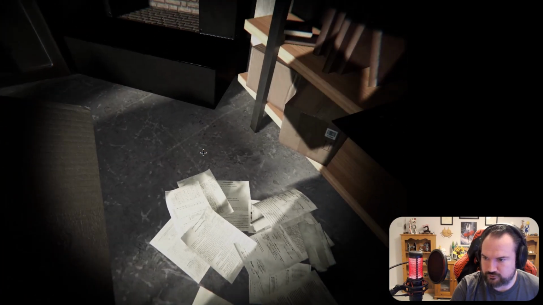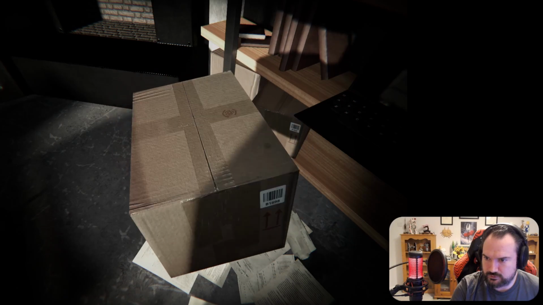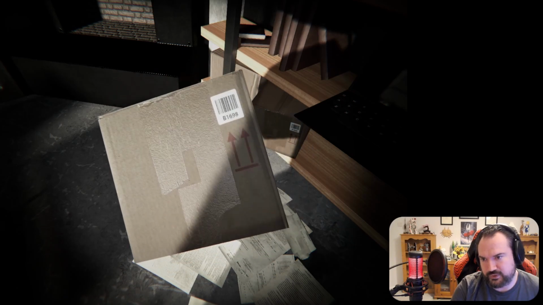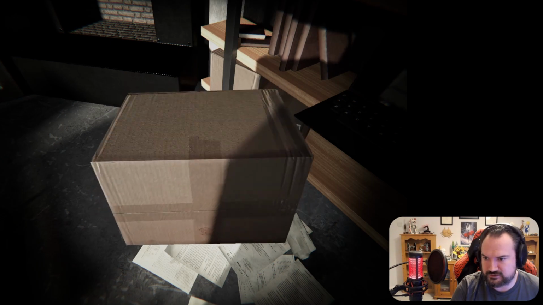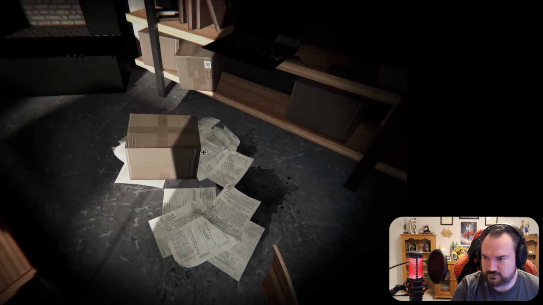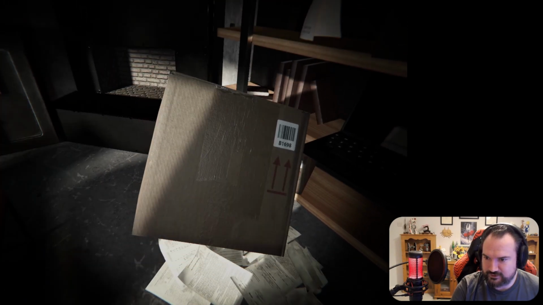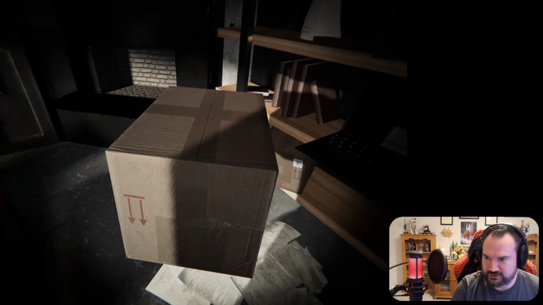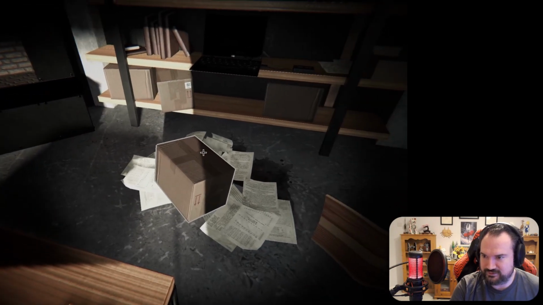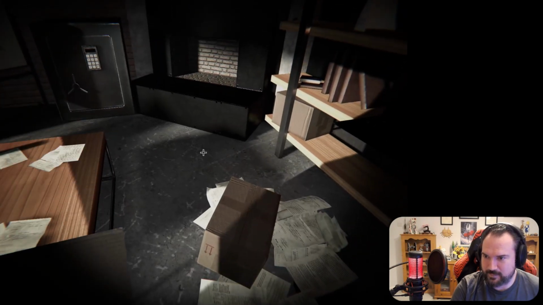We have a box. Recyclable box B1698. It looks like there's something in the box, doesn't it? What happens if we drop it upside down? It looks like a heavy box, whatever it is, doesn't it?